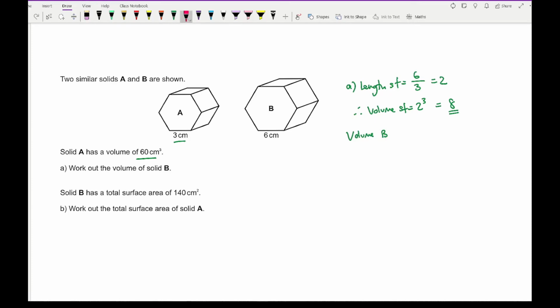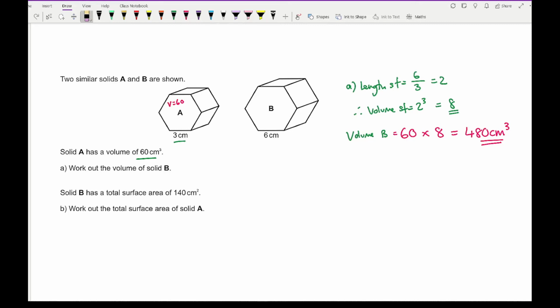We've been given the volume of A, so if I write V equals 60, I want to work out the volume of B. The volume of B is going to be the volume of A, which is 60, multiplied by the volume scale factor, which is 8. 60 times 8 gives me 480, and it's going to be centimetre cubed.